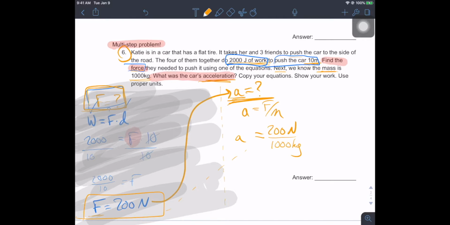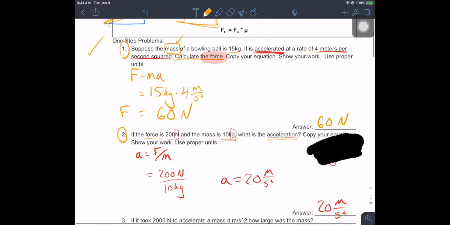I could break out my calculator if I wanted to, but I could also remember that dividing by a 10 or 100 or 1,000 just moves the decimal place. So I have to move the decimal place once, twice, 3 times, and then I will find 0.2 meters per second squared.